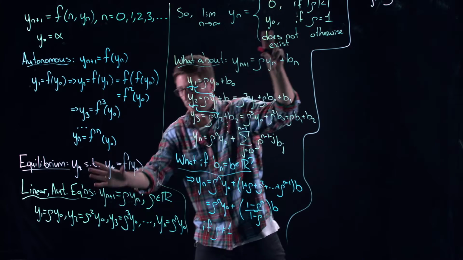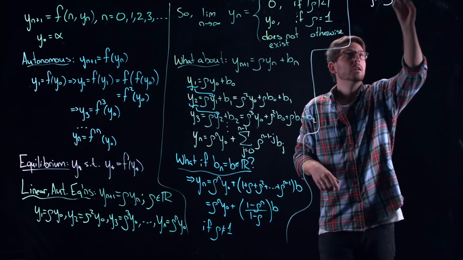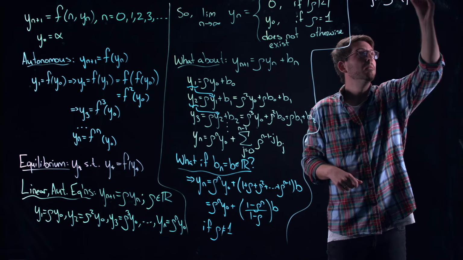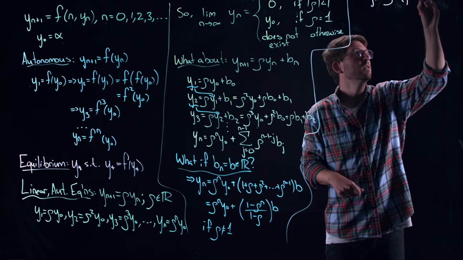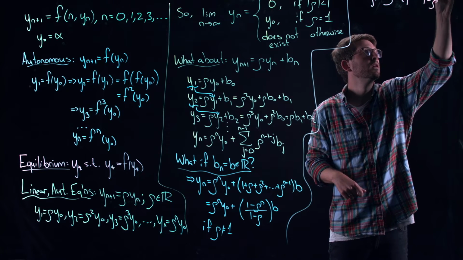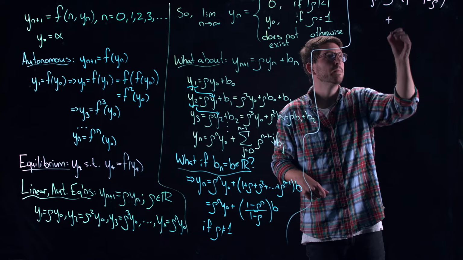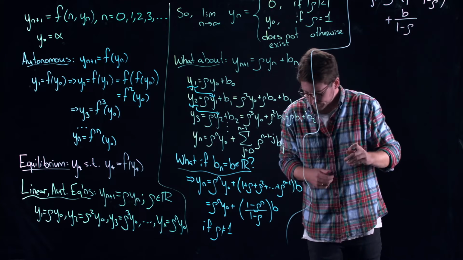So that was what I cared about with this homogeneous equation. Well, now I get y0 and then minus b over 1 minus rho, and then plus, maybe I'll put it right down here, b over 1 minus rho.